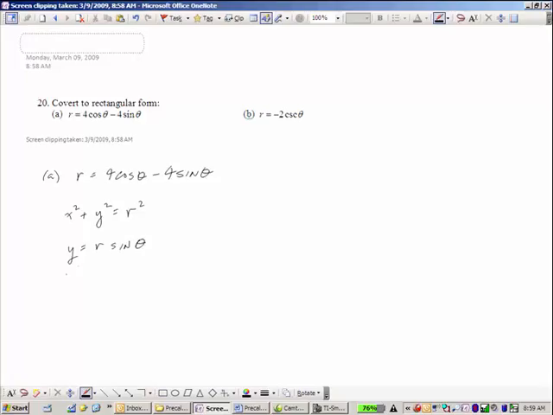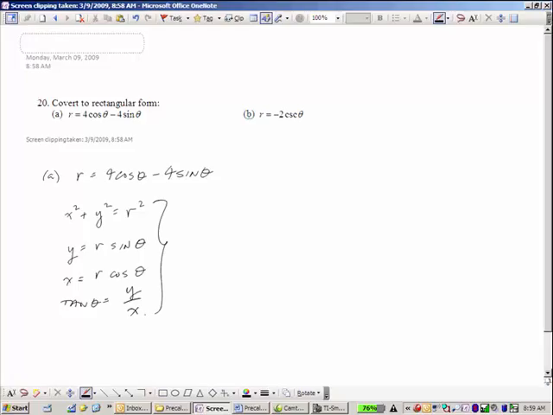Sine of theta, and x equals... And I think I know one more thing. So tangent of theta is equal to y over x.